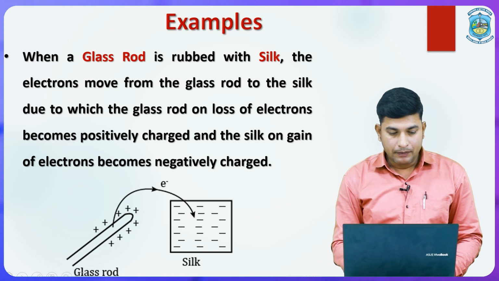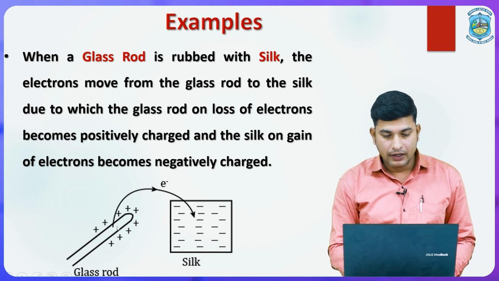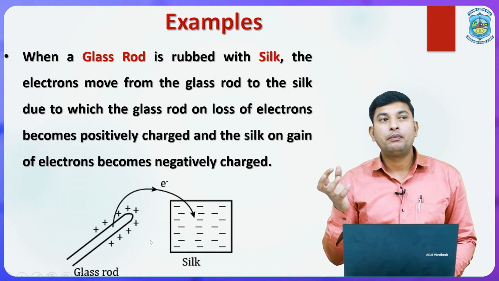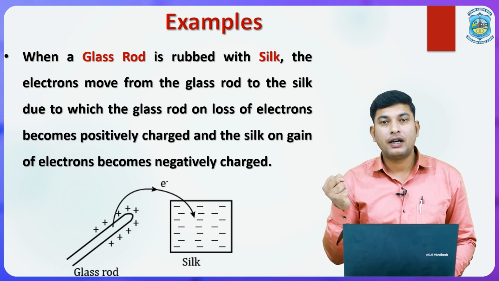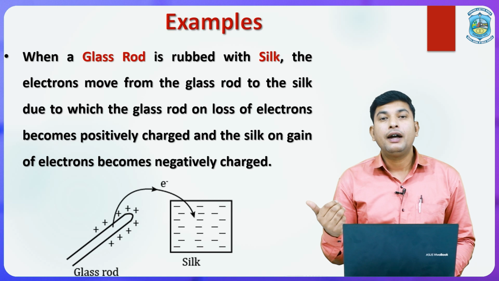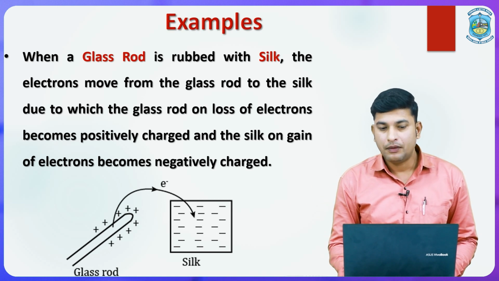As we can see in the image, the electrons travel from the glass rod to the silk. So the silk has multiple negative particles and the glass has multiple positives, and because of this the glass rod will be positively charged and the silk will be negatively charged.